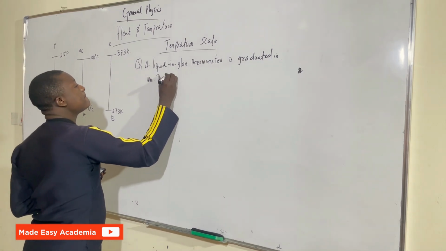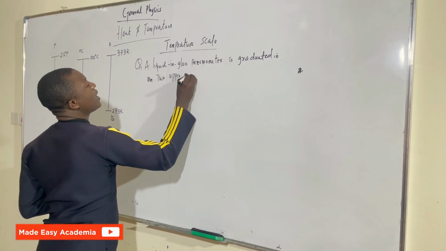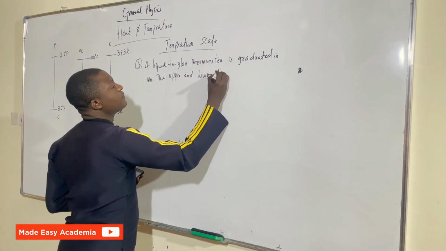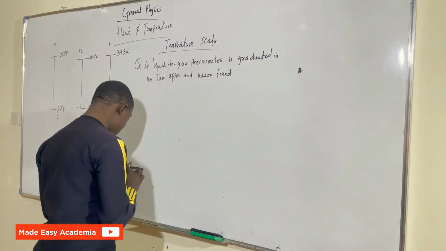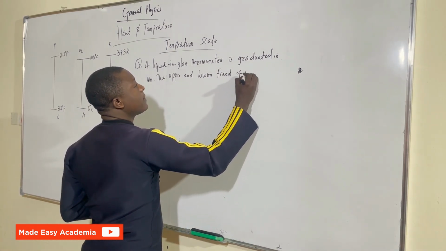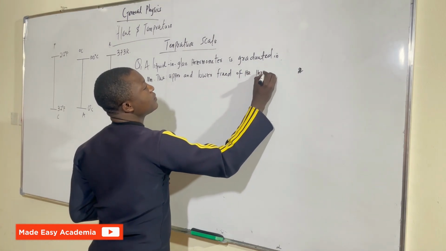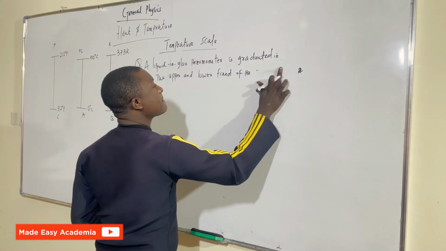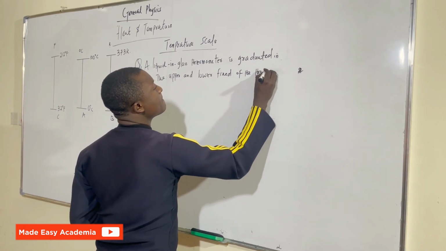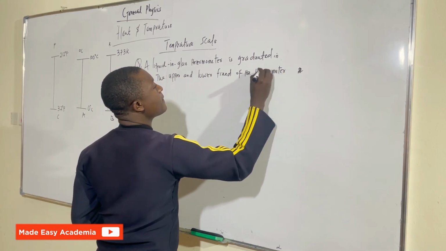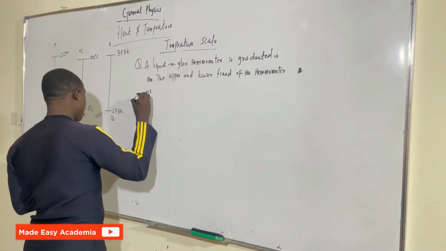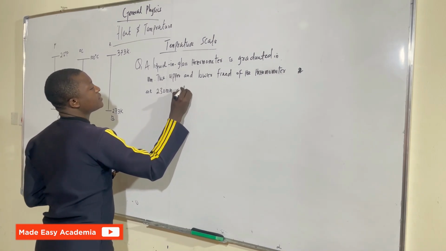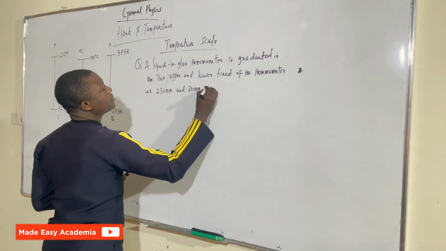The upper and lower fixed points of the thermometer are 230 millimeter and 80 millimeter respectively.